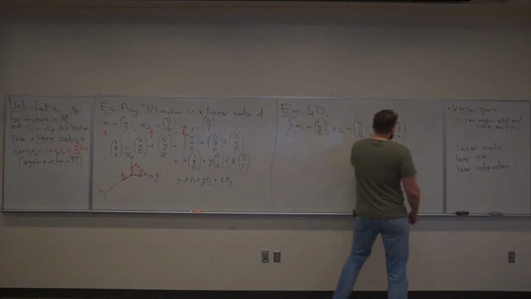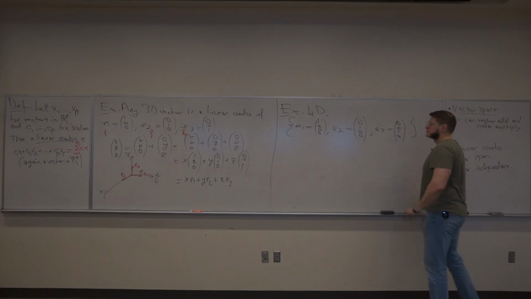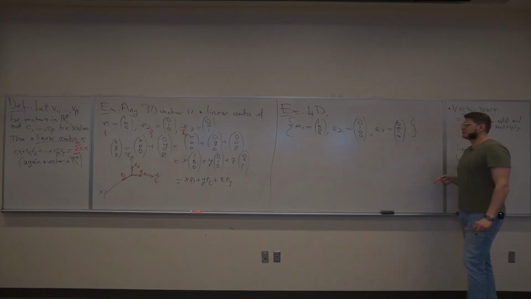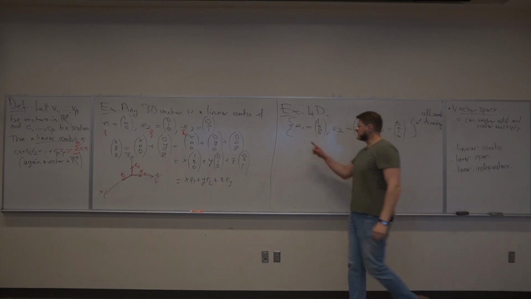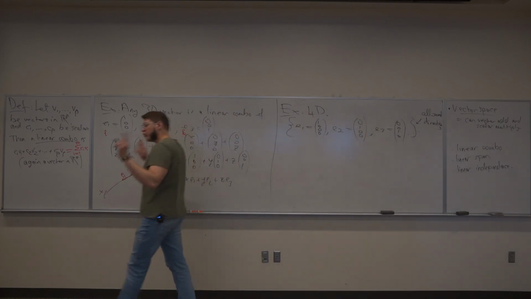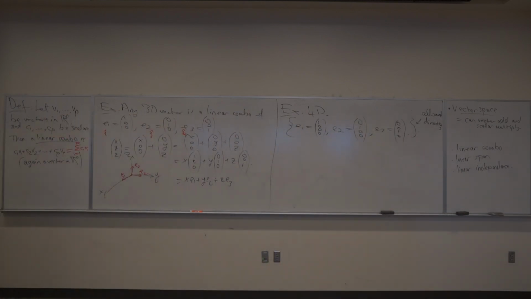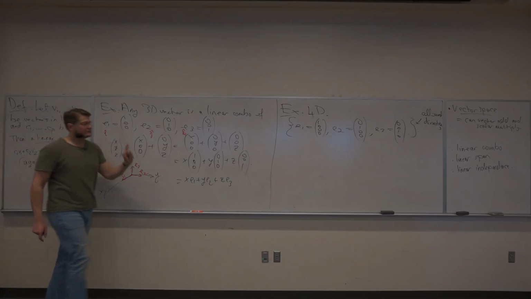You can write it like this. So this is a set of vectors, for instance. These are allowed directions. A linear combination of these is all the positions you can reach using motion only in one of these three directions.